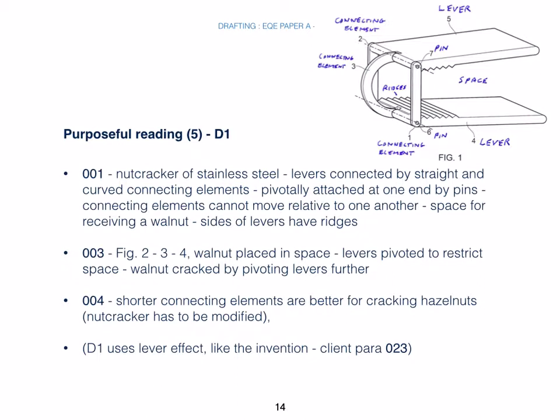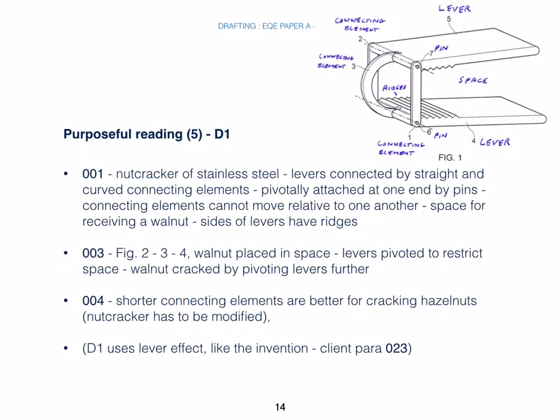If the lever is pushed further, the shortest distance between the levers 4 and 5 decreases further, so that the space is further restricted and the walnut is cracked by the levers 4 and 5 and the connecting elements 1, 2, and 3. And it says figure 4.